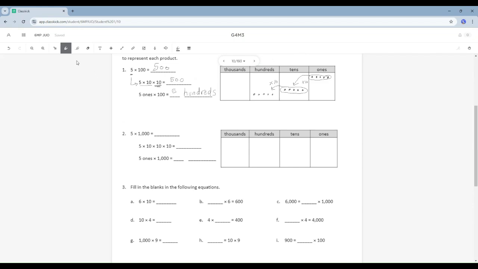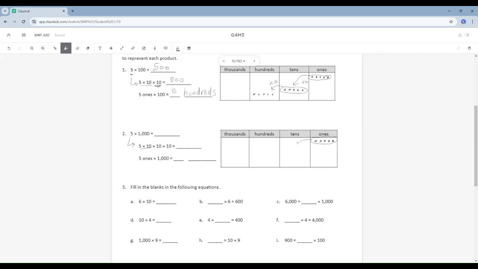Number 2 says 5 times 1,000. So I'm going to start this problem exactly the same. I'm going to start with 5 in the ones place. And I'm going to peek down here to figure out how many times I really need to jump place values. So I'm going to do 5 times 10 by taking these 5 ones.